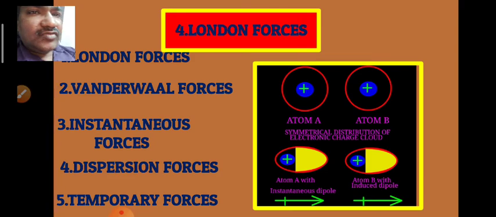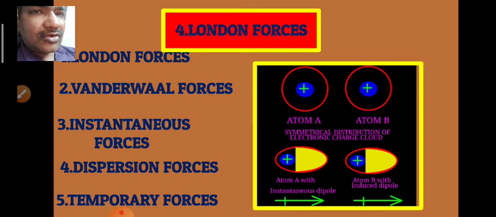Generally, we observe these London forces in the homoatomic molecules or in the noble gases. Now we know very well that we can liquefy the noble gases also. Actually, noble gases are completely filled; all the shells are filled with electrons.